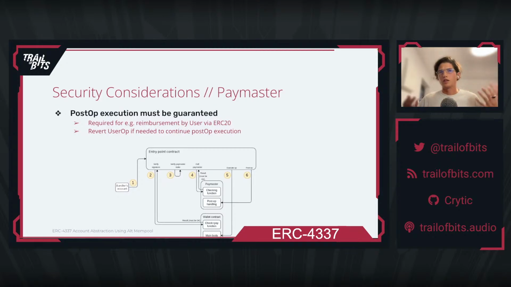Alice could, as a simple example, revoke the token approval, and then in step 6 suddenly the paymaster is not reimbursed anymore. This would obviously be a big security issue, and it would mean that anybody could simply drain the paymaster. So if the paymaster post-op does not succeed, we basically have to revert the entire transaction.